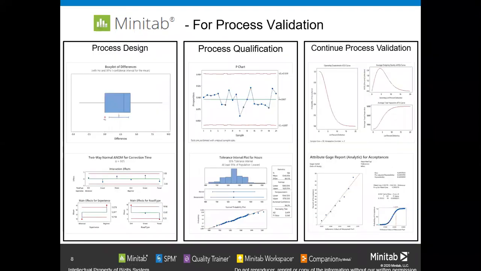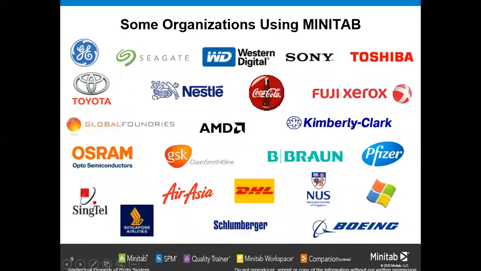And then if let's say you are coming from process validation, we have three steps in process validation. We have process design. We also have this kind of feature. We have process qualification, and then we have continued process validation. Okay, so these are some organizations using Minitab Statistical Software.